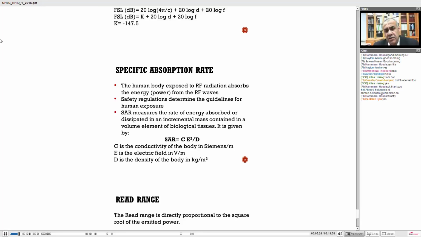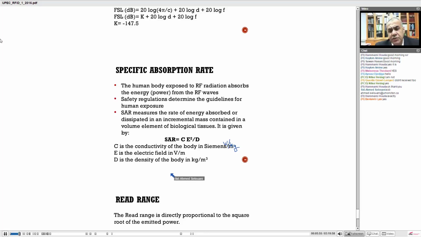Safety regulations determine the guidelines for human exposure. The unit of specific absorption rate is watt per kilogram, since it is the exposure to a power.